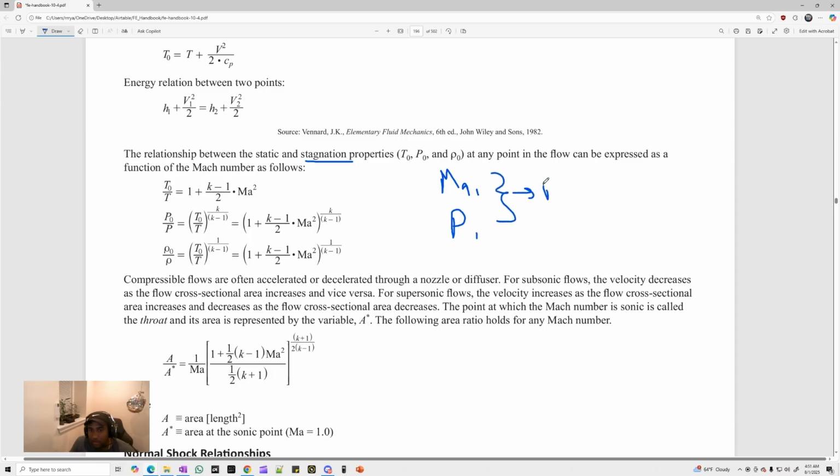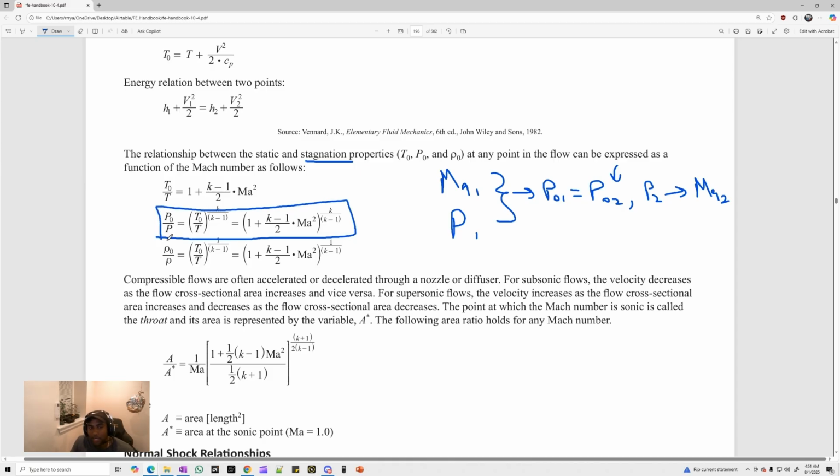That is the same as the total pressure at state point 2. We can use this total pressure at state point 2 along with the static pressure given at state point 2 to produce the Mach number at state point 2 using this relationship right here.